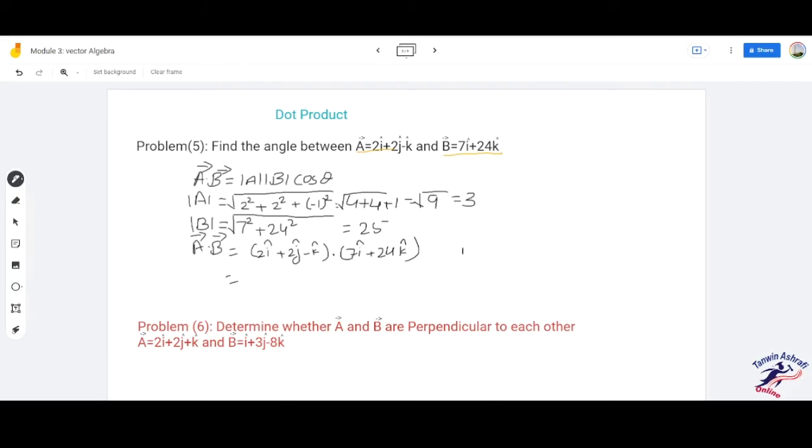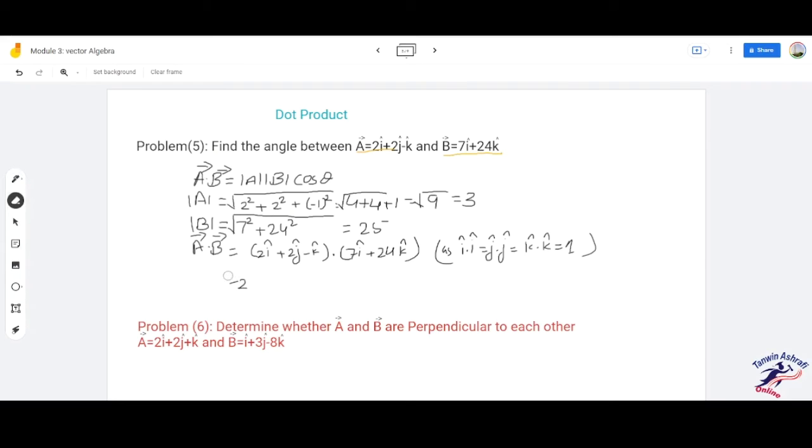As we know, I cap dot I cap, J cap dot J cap, and K cap dot K cap are each equal to 1. Therefore, only the like terms will remain. If I multiply I cap with K cap or J cap with I cap, that results in 0.